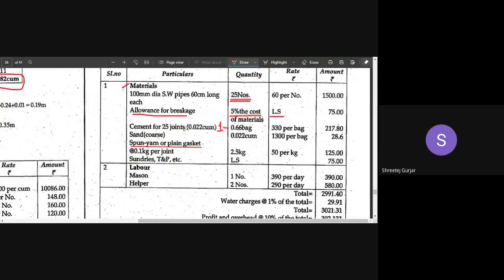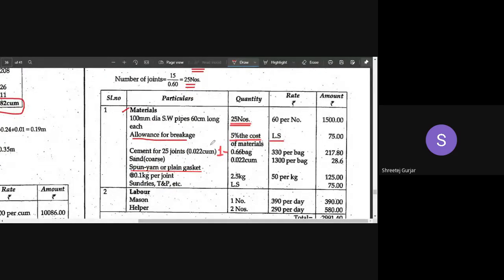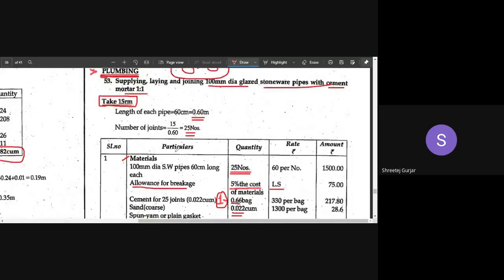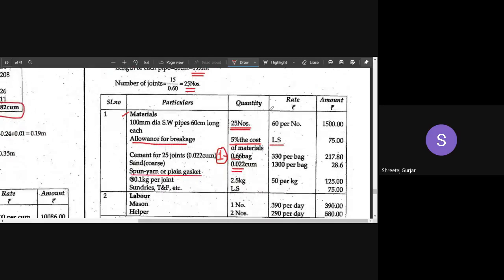So we shall keep it as one bag of cement, that is 0.66. You can keep it as one bag, no problem. And the sand required is 0.22 cubic meters, because the cement mortar is 1:1. So the quantity of cement required is the same as the quantity of sand required.